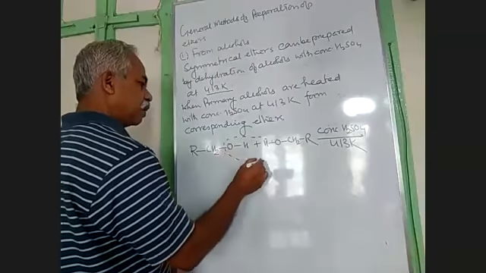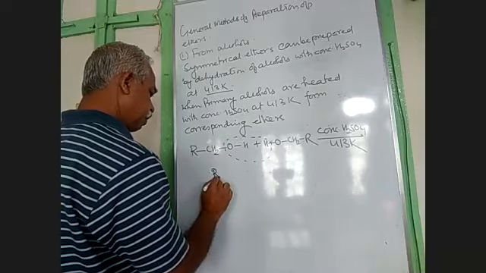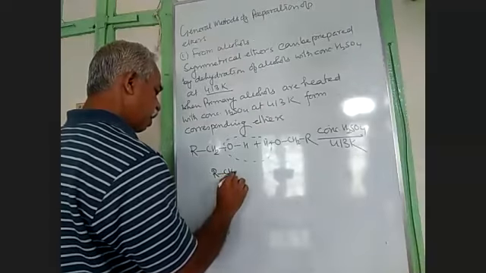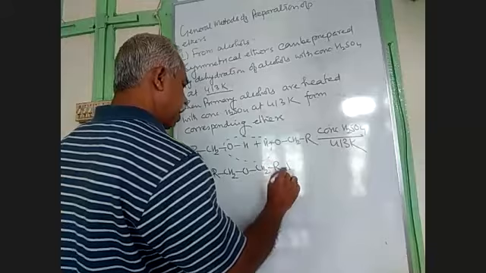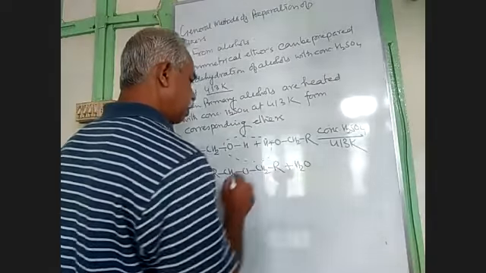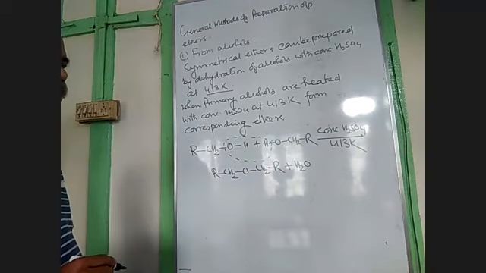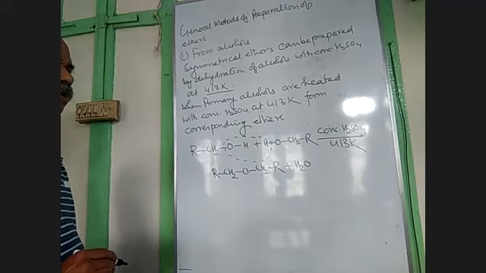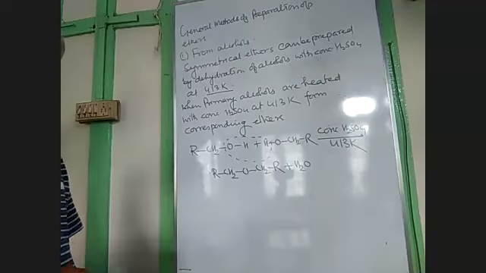A molecule of water is lost, so this gets connected to this. So you get RCH2OCH2R plus H2O. Now I'm going to show you the mechanism of formation of ether.